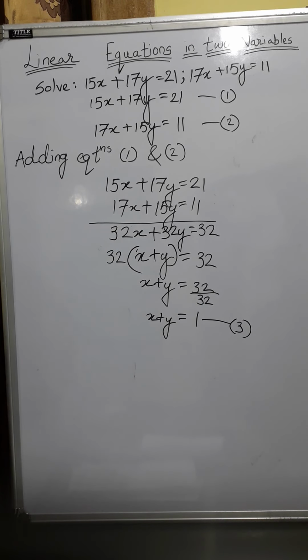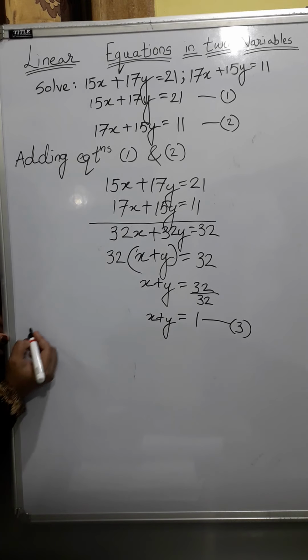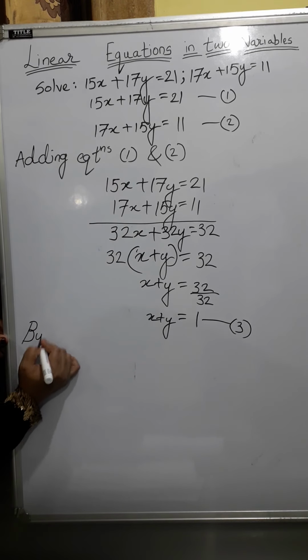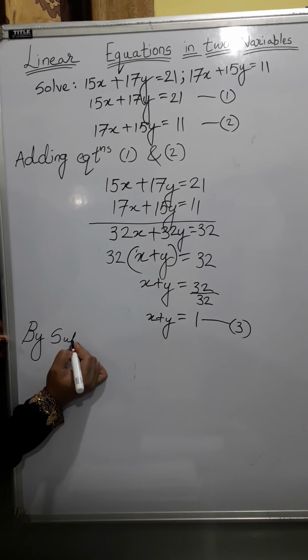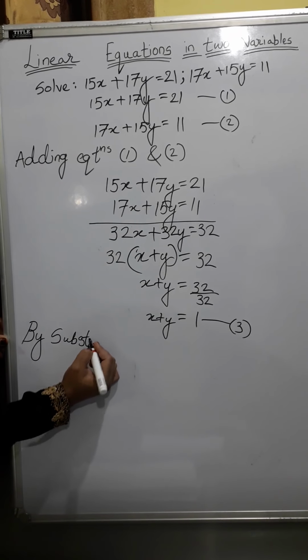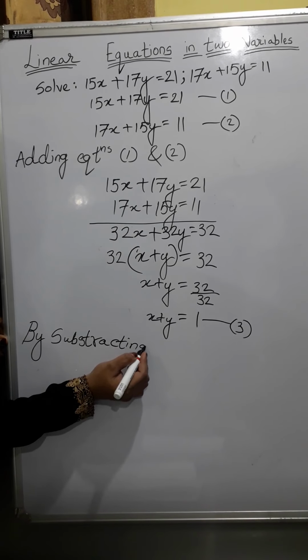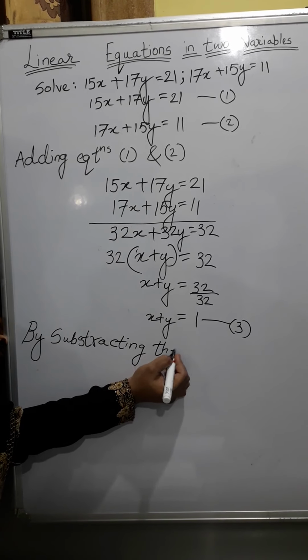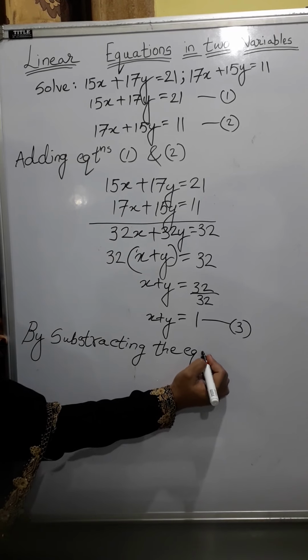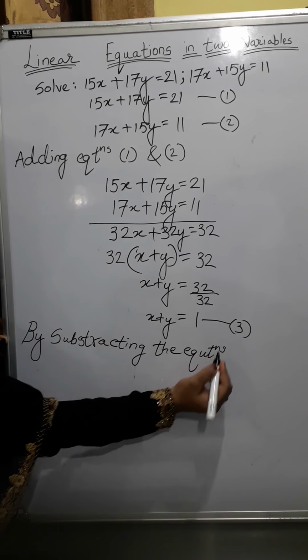Now first thing we did, we added these two equations. The next step will be to subtract these two equations. So now by subtracting the equations, what equation will we get?